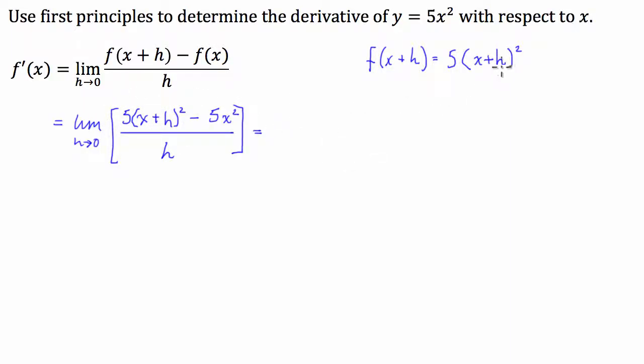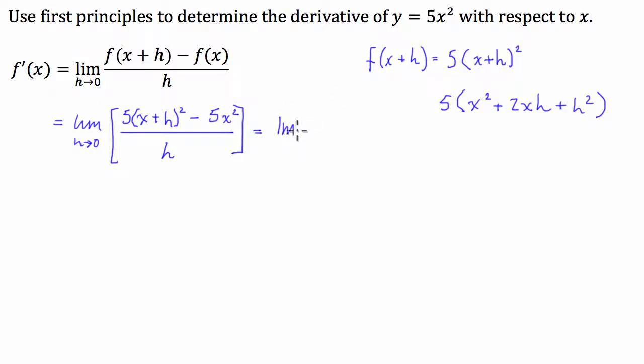Now we have to make sure when we do this expansion that we get it right, so that is the expansion of this one. So let's write that down, and we can even multiply the 5 into the bracket at the same time.